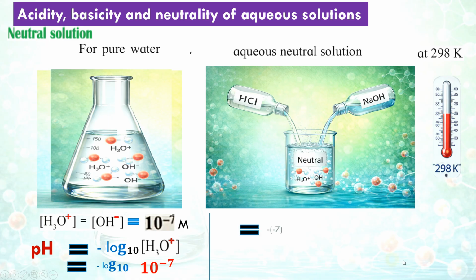So here the answer will be what? Minus 7 will come here. Minus 7 into minus 1 is equal to what? Log to the base 10 of 10, and this value is 1, and this minus into minus will be 7. The answer will be 7 into 1, which is equal to 7. So pH is 7 for a neutral solution. Always remember, if the pH is 7, the solution is neutral.